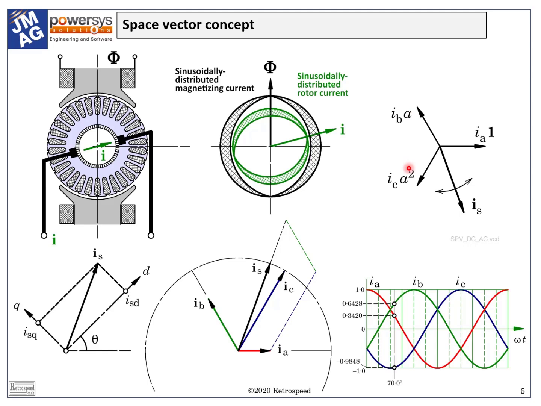Now, if we simply add the three complex numbers representing the space vectors of the individual phase currents, the result is itself a space vector, another complex number Is, but the orientation of this one is not fixed. It depends, obviously, on the values of the three phase currents, as does its magnitude.